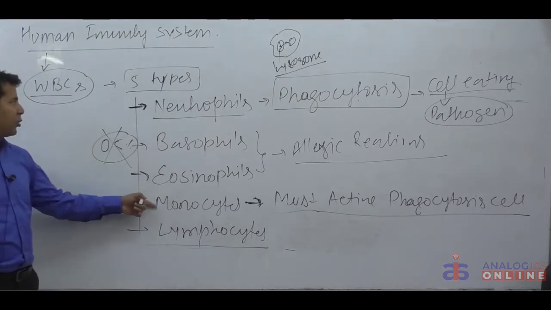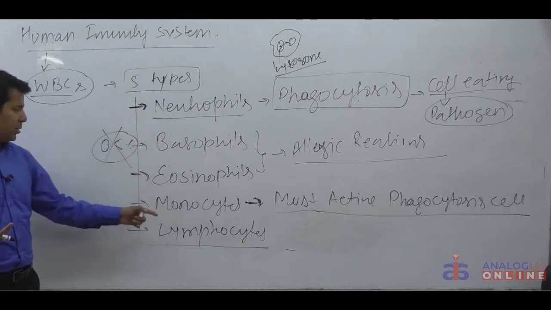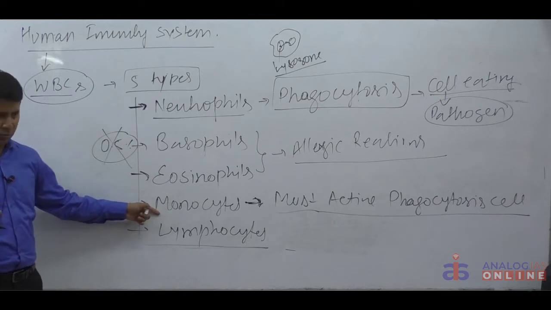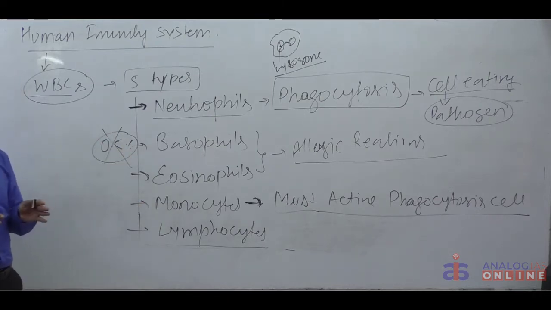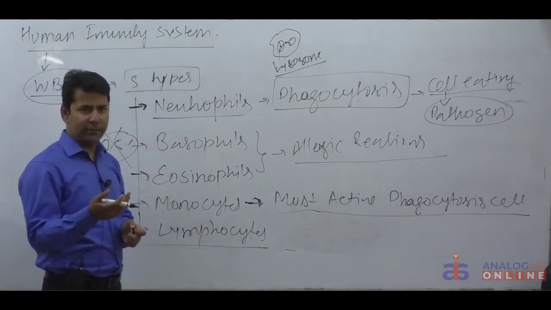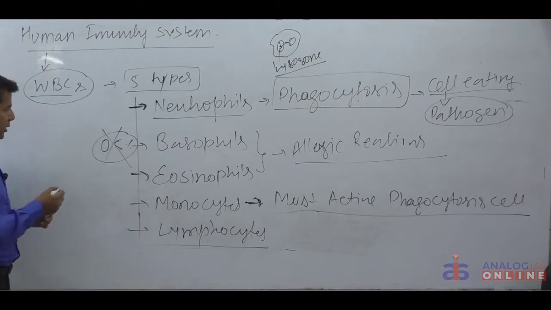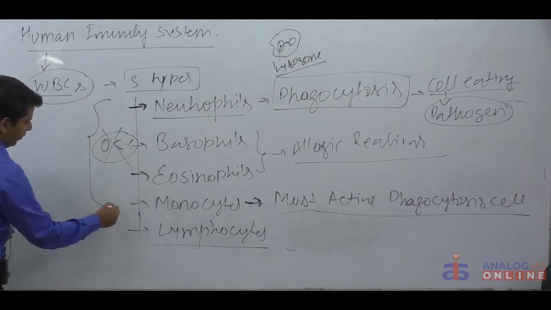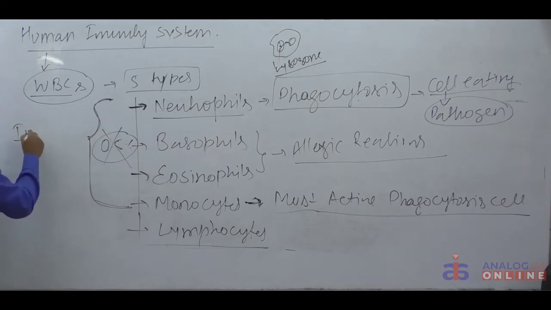The difference between monocyte and neutrophil is that neutrophils are normal soldiers, and the monocyte is nothing but a kind of commando. So there is a difference between soldiers and commando. Both are soldiers only, but the commandos are more active. They know how to tackle the greater threats. These all four are a part of our innate immunity.